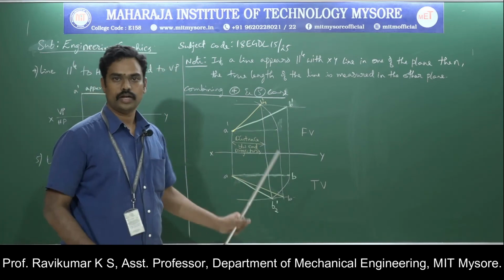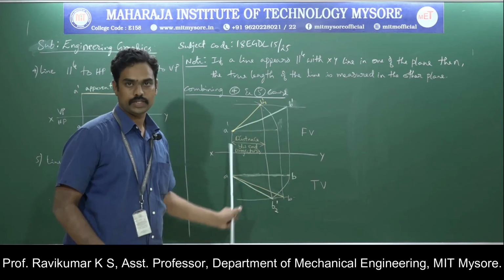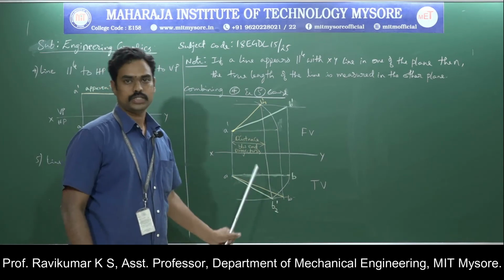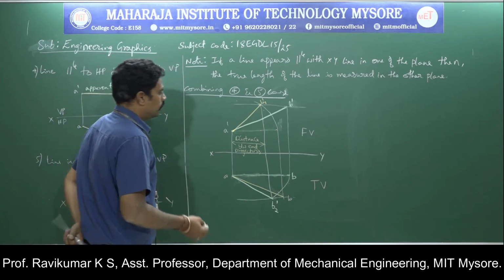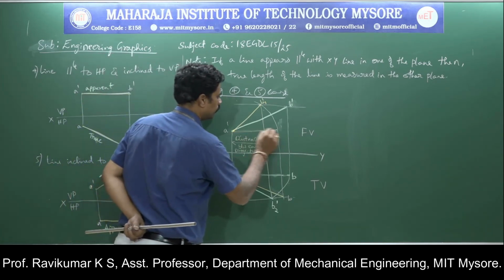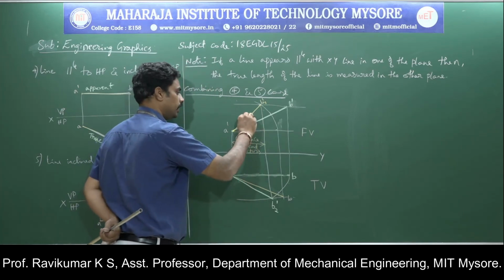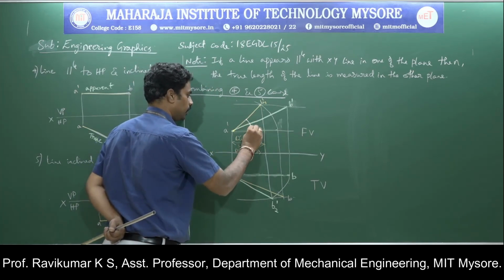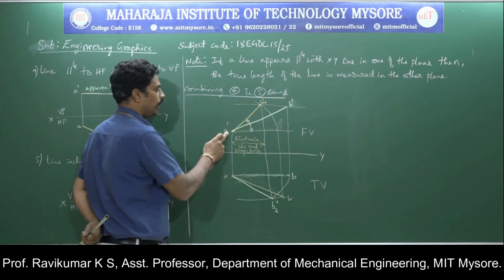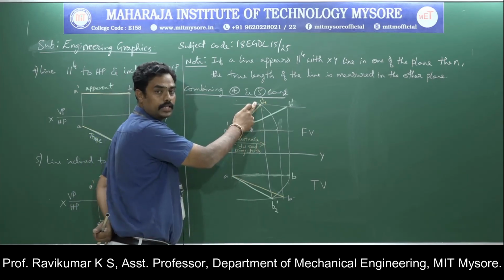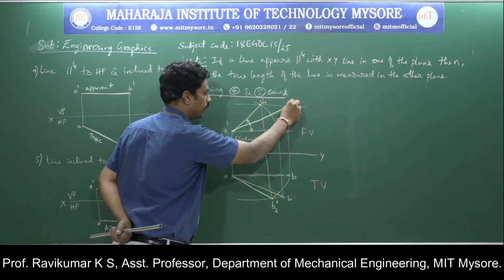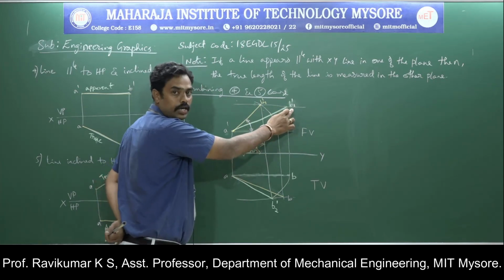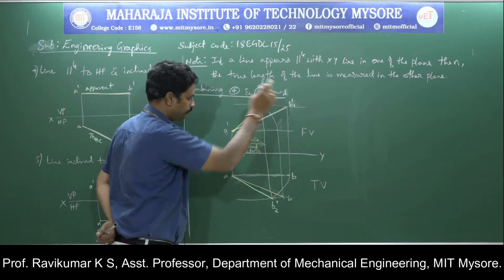So you will arrive at the solution something like this once you solve the problem. This is just the introduction. If you write the angles now, A dash B1 dash is the apparent length in the front view, and A dash B dash, or A dash B1 dash, is the true length in the front view.